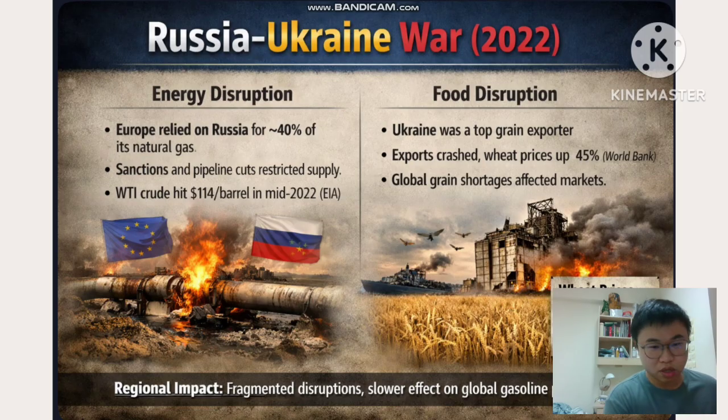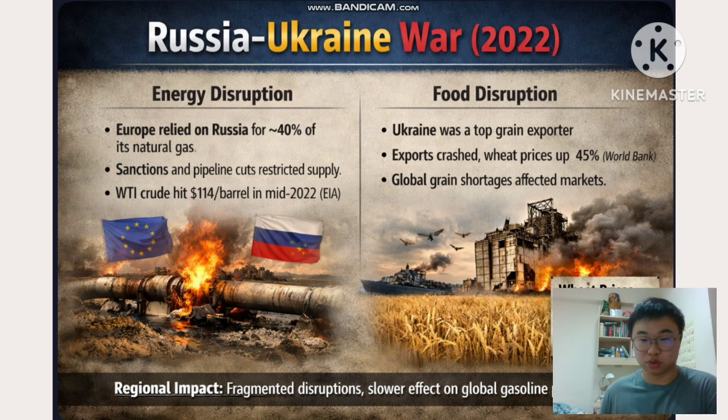In order to not completely cut off the oil supply from Russia, which would cause severe economic consequences, European countries didn't apply full sanctions, but they still applied sanctions, which restricted gas supplies to Europe and made the crude oil price hit $114 per barrel in mid 2022.